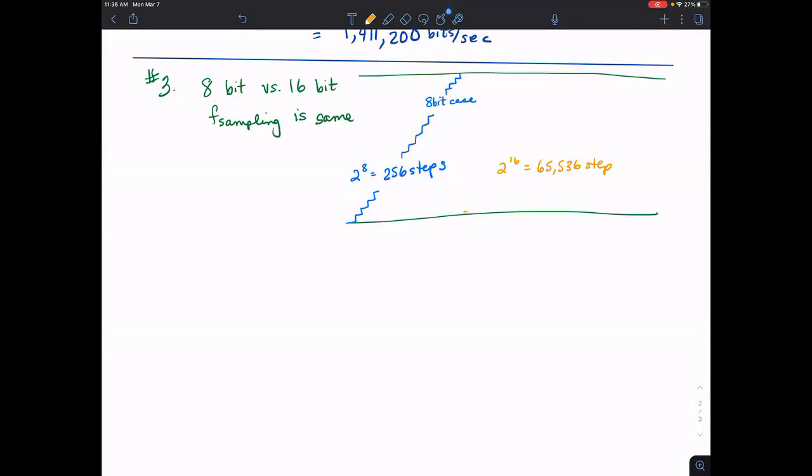So those would be super teeny. I won't be able to draw them all, obviously, but you use your imagination. That's what we're talking about.